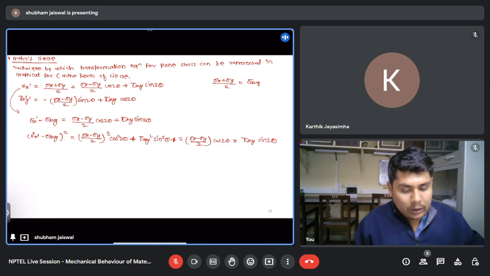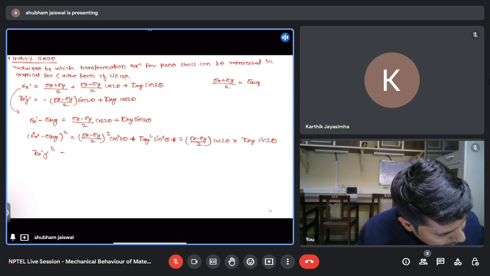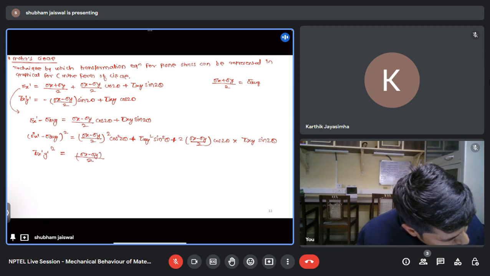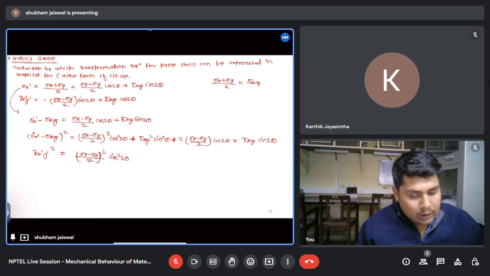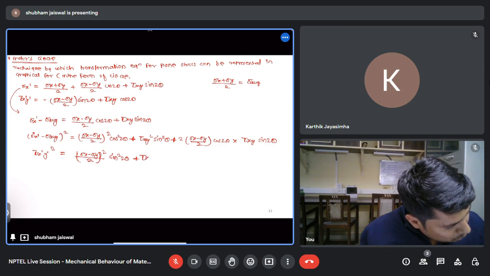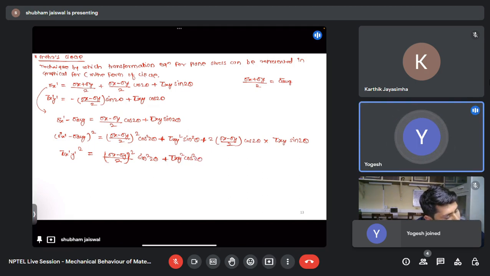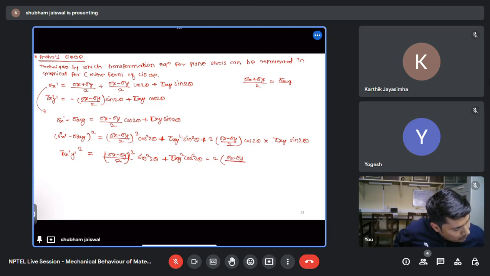Similarly, if I take a square of the second equation, shear stress, what I will get is (sigma x minus sigma y) by 2, whole square, sine square 2 theta plus tau xy square cos square 2 theta minus 2 (sigma x minus sigma y) by 2 sine 2 theta into tau xy cos 2 theta.